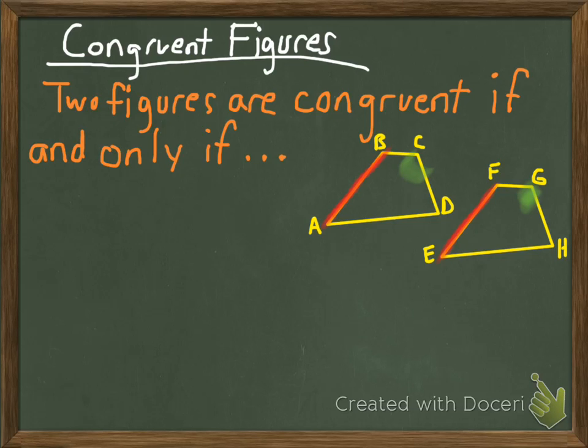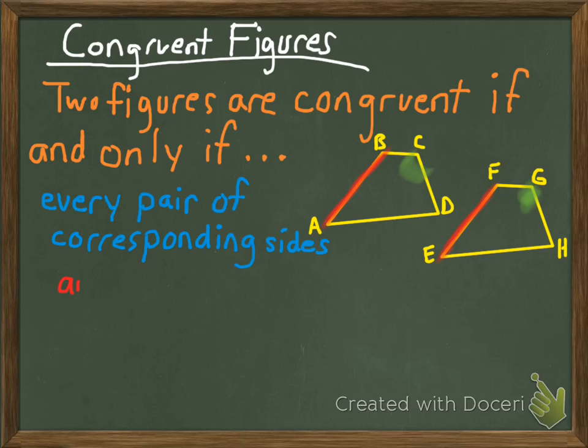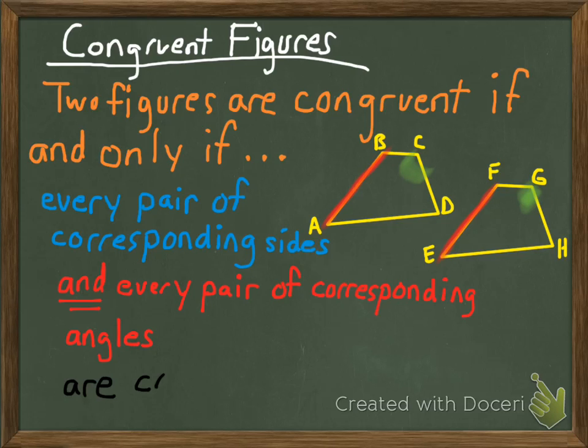Two figures are congruent if and only if every pair of corresponding sides and every pair of corresponding angles are congruent.